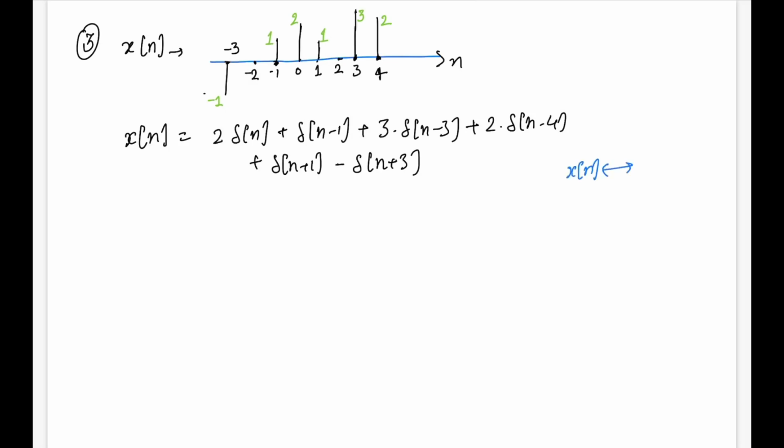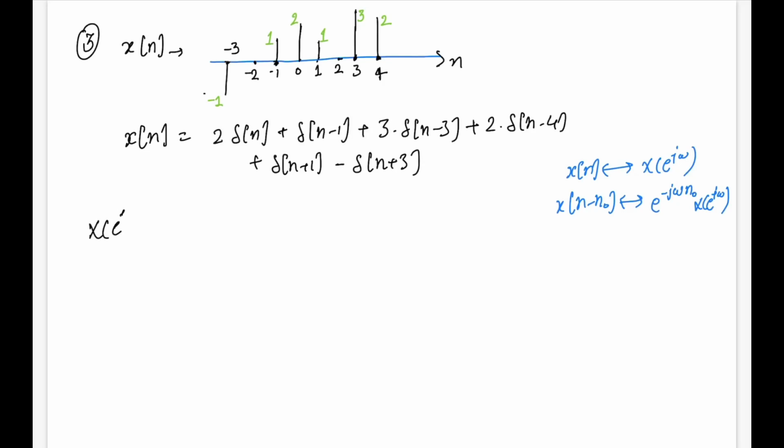Okay, so here we will use the property that if the Fourier transform of x[n] is X(e^jω), and if there is a time shift in the sequence, then there is a phase shift in the Fourier transform. Okay, fine.